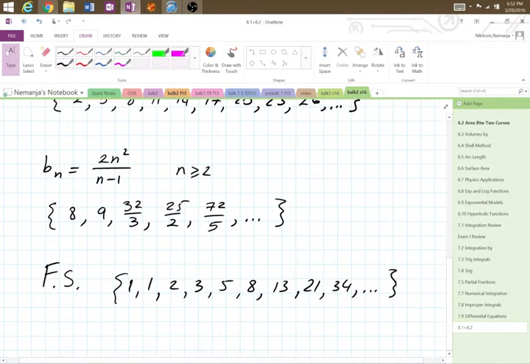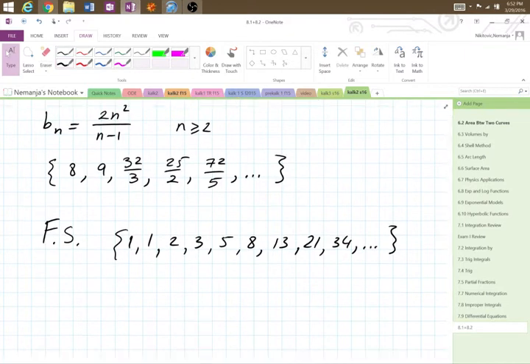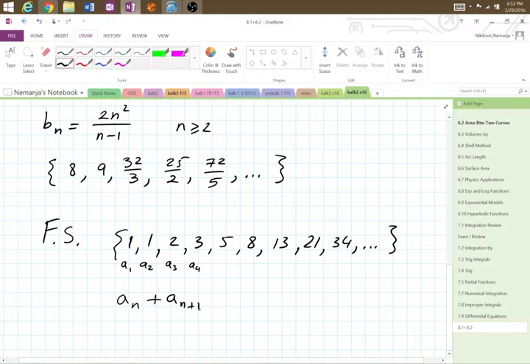Now, the Fibonacci sequence, how does this work? If the first term is A1, the second term is A2, this one is A3, and this one is A4, you can see that if you call this term An, then the next term has to be An plus 1, which will give you the next term, An plus 2.